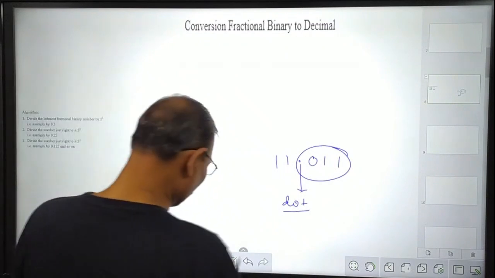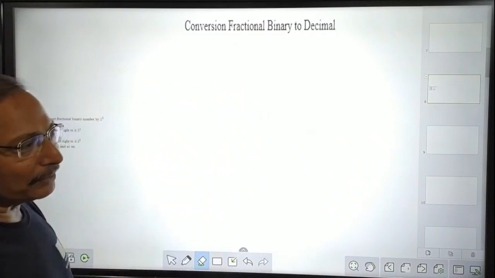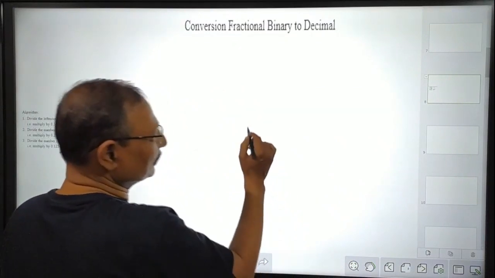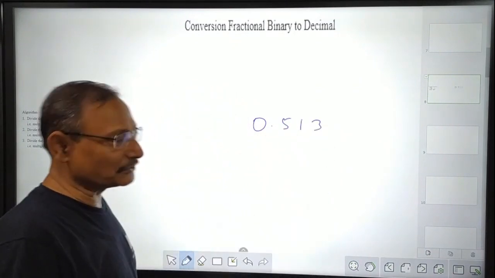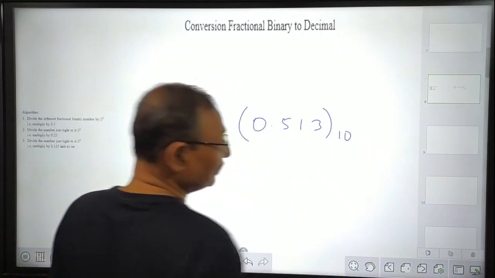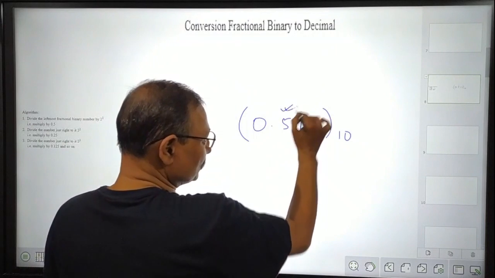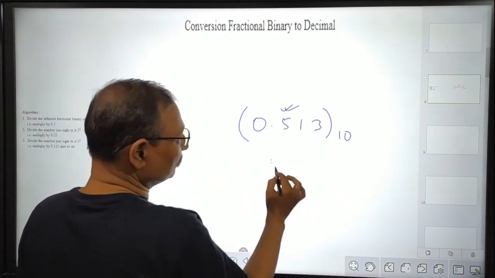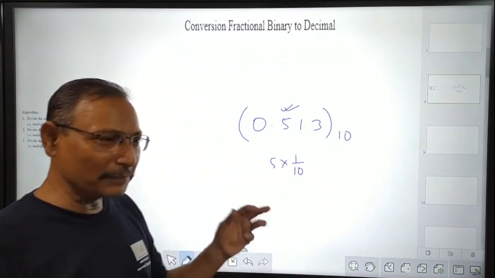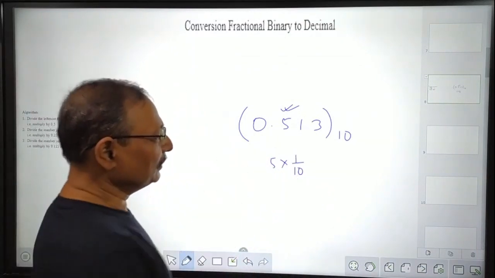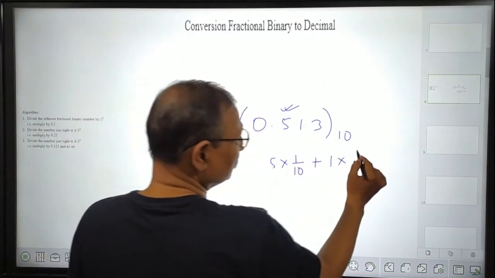Okay, so in this context we have an algorithm, and it is very simple, very similar to the decimal system. Suppose that we have a number like 0.513 in the decimal system. Then we write the leftmost digit of the fractional part as 5 into 1 by 10. That means we multiply it by 1 by 10, and we add the product of 1 and 1 by 100.